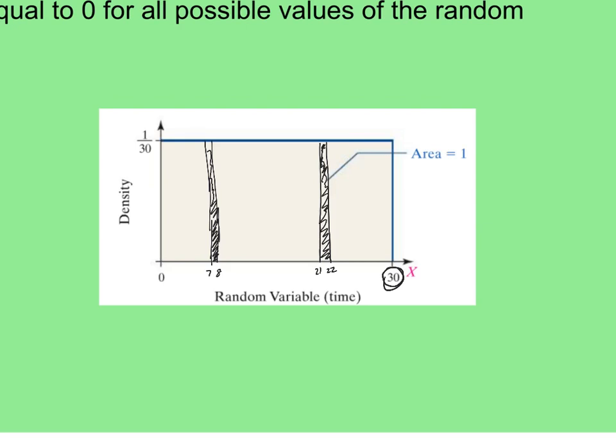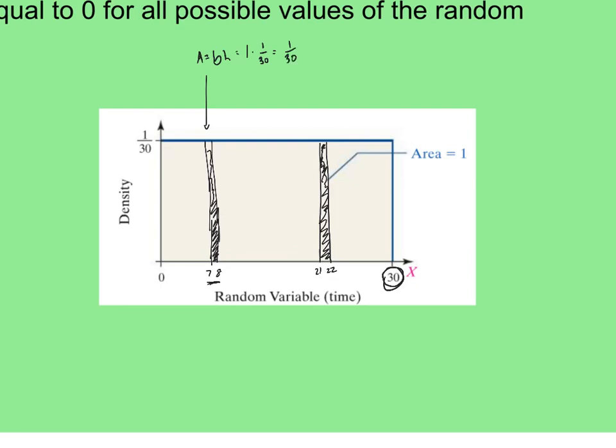Or in the case of me growing up, it was my mom, like I said. So how do I actually compute that probability using this graph? Well, they're rectangles, so I know how to find the area of a rectangle: base times height. The base of that rectangle from 7 to 8 is a distance of 1. The height of that rectangle, according to the y-axis, is 1/30th. If you multiply 1 times 1/30, you get an area of 1/30th.